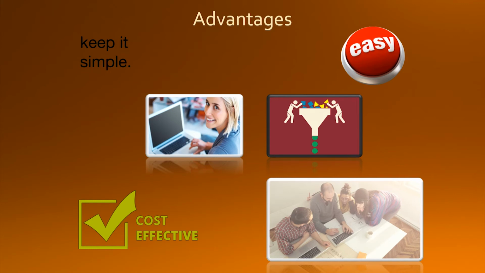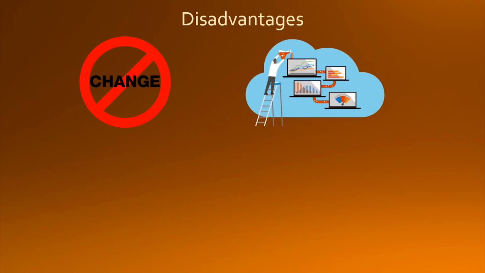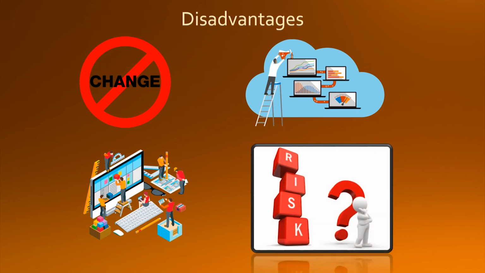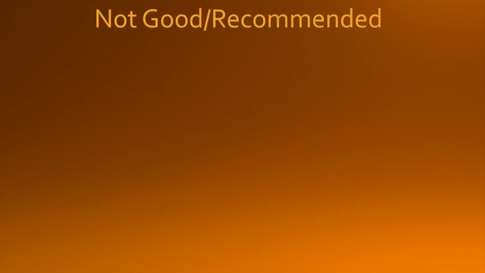However, there are certain disadvantages of waterfall model. It is difficult to make changes once the application enters into the testing stage, and software is produced only at the end of the life cycle of the model. It involves high amounts of risks and uncertainty also, and it is not good for complex and object-oriented projects.